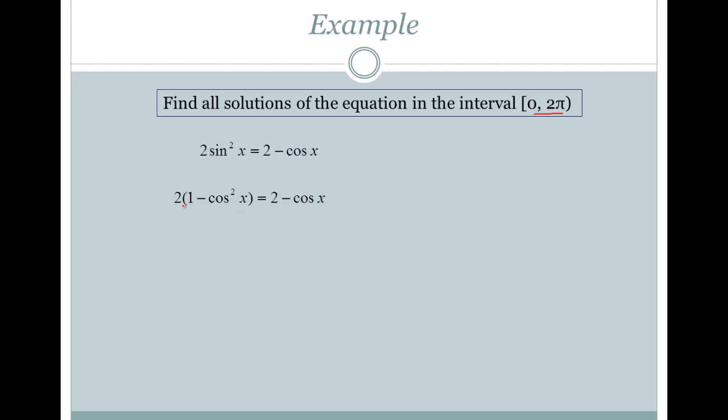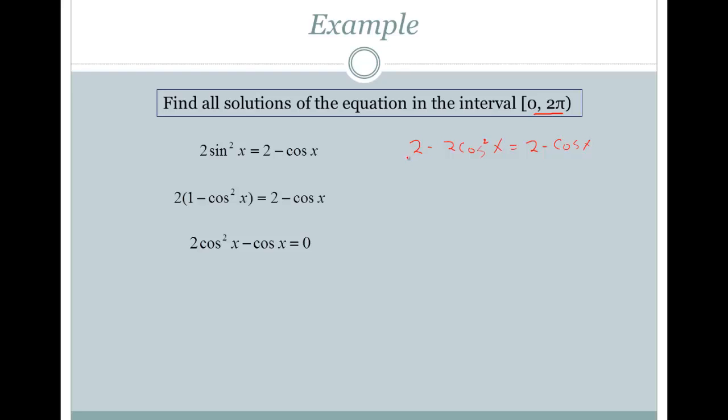So what I would do at this point is expand through and try to combine terms. I jump through a couple different steps, but let's look at them. I did 2 minus 2 cosine squared of x is equal to 2 minus cosine of x.